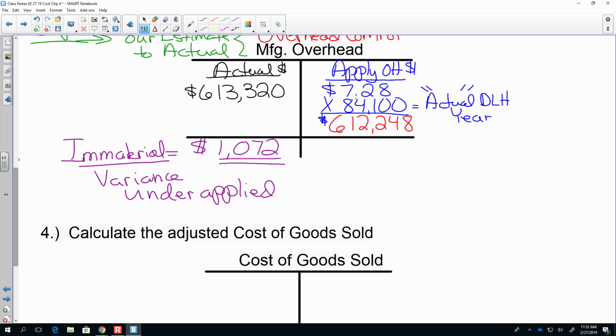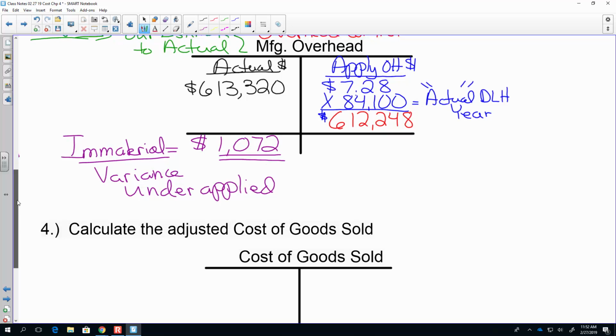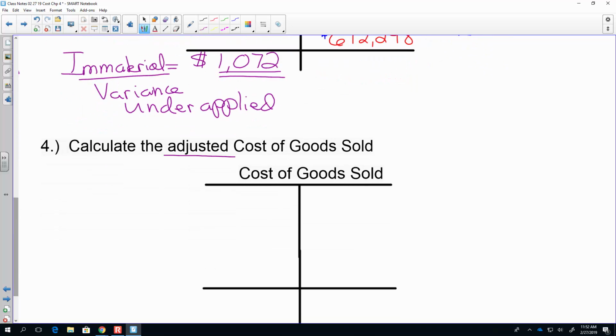All right. Now, we need to calculate our adjusted cost of goods sold. We are presently at what amount? $927,000. So at the end of the year, we ran our trial balance before adjustments.